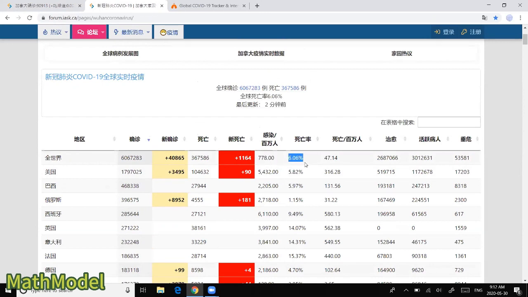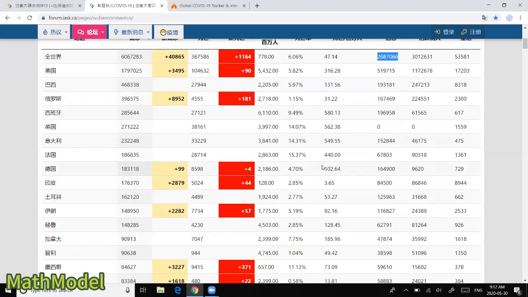And then this is the death rate, and this is the death rate per a million people. Like what I was saying earlier, there's the death rate in a population and the death rate for the coronavirus cases. And there's also recovery, and other stuff.